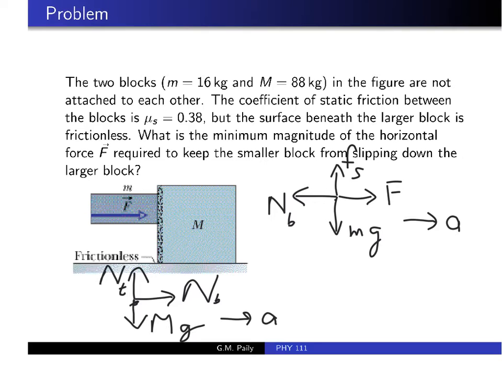Using Fs max equals μs times NB, since that is the normal force for the surfaces in contact, we have Fs max, which is 160 newtons, equals 0.38 times NB.